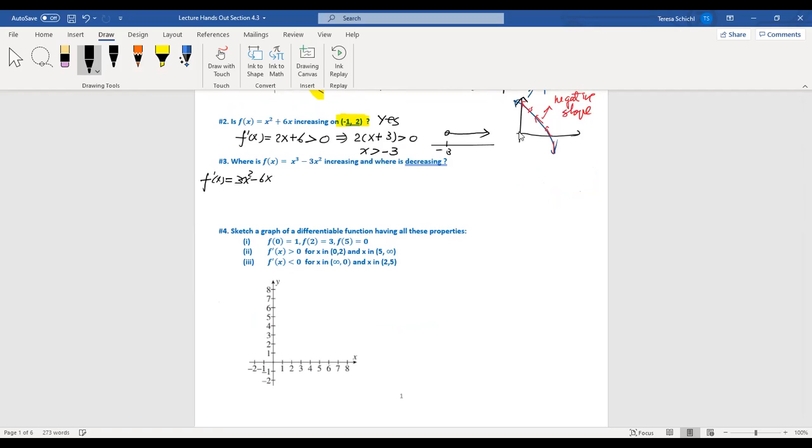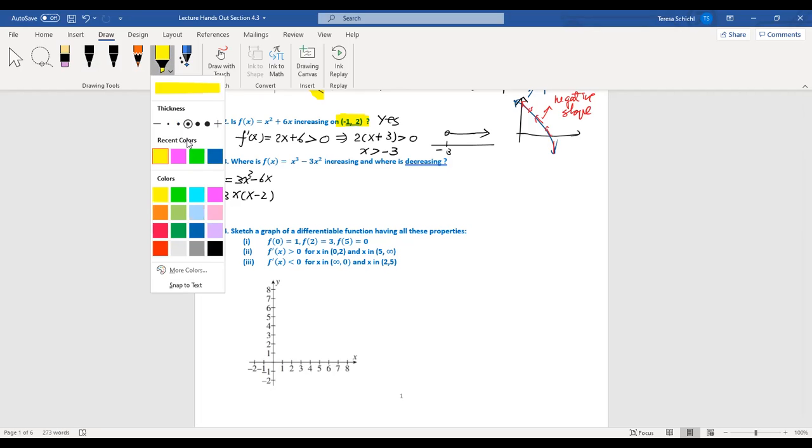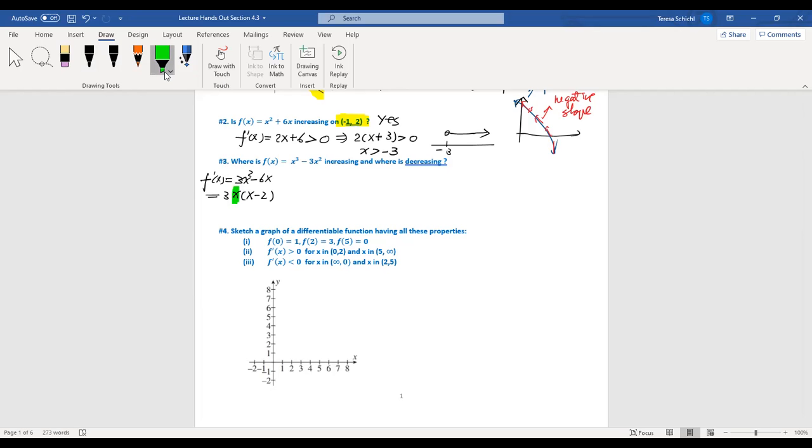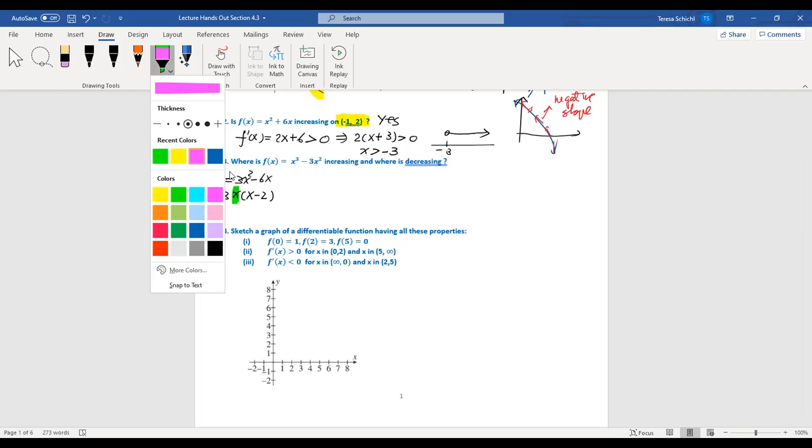The next thing here, I'm going to be able to factor something out. So this is 3x times x minus 2, right?